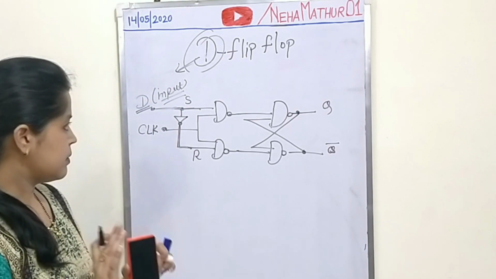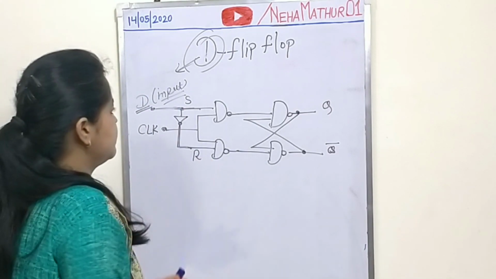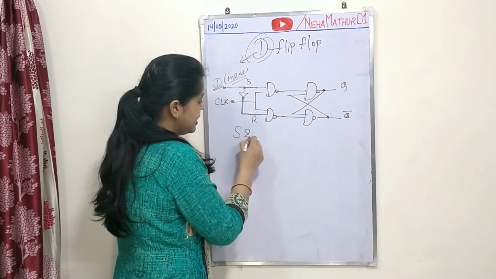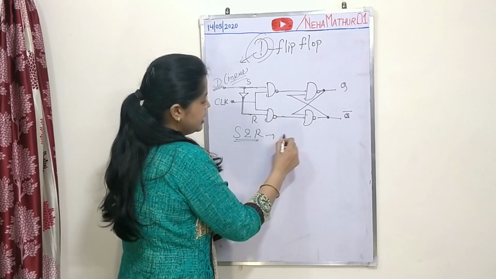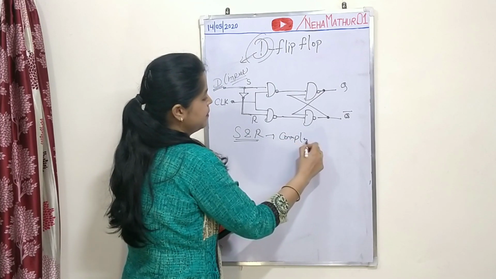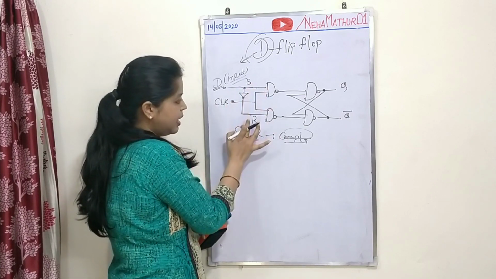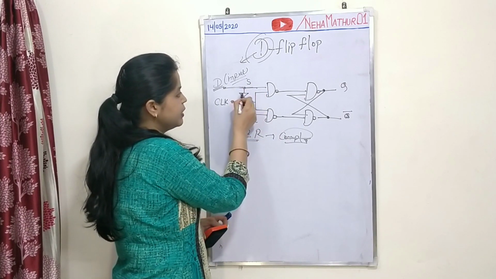Now with this circuit you can say that your S and R are in complementary form. Why am I saying this? Because your S and R are connected to each other via an inverter.